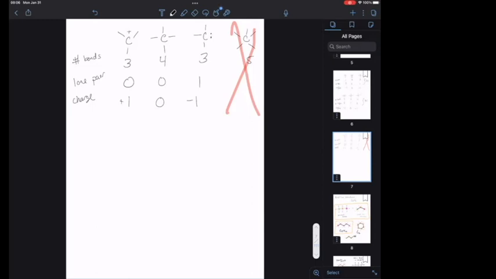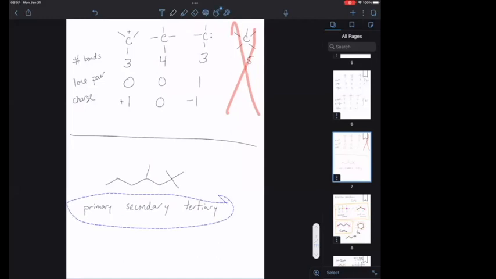Okay, cool. So the other thing with carbon, let's just draw a structure here. I just drew this random molecule. We can classify carbons as either primary, secondary, tertiary, or quaternary.